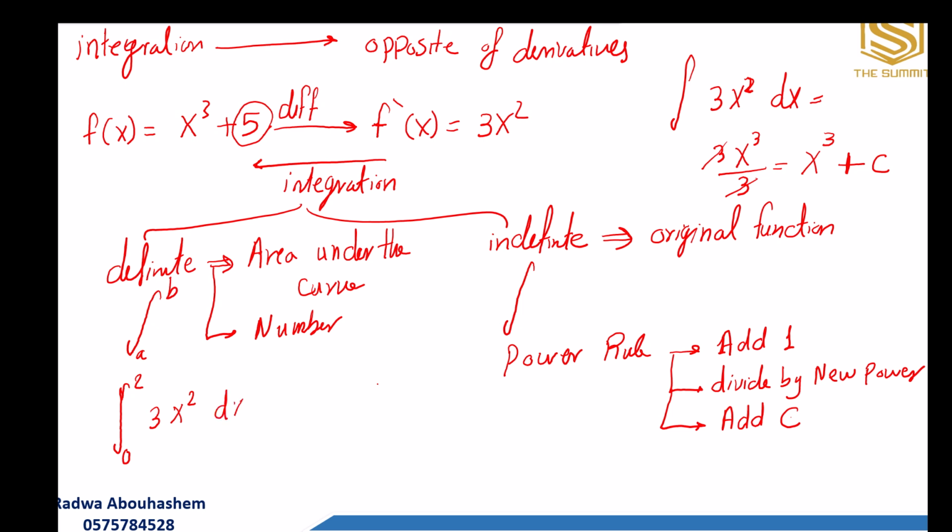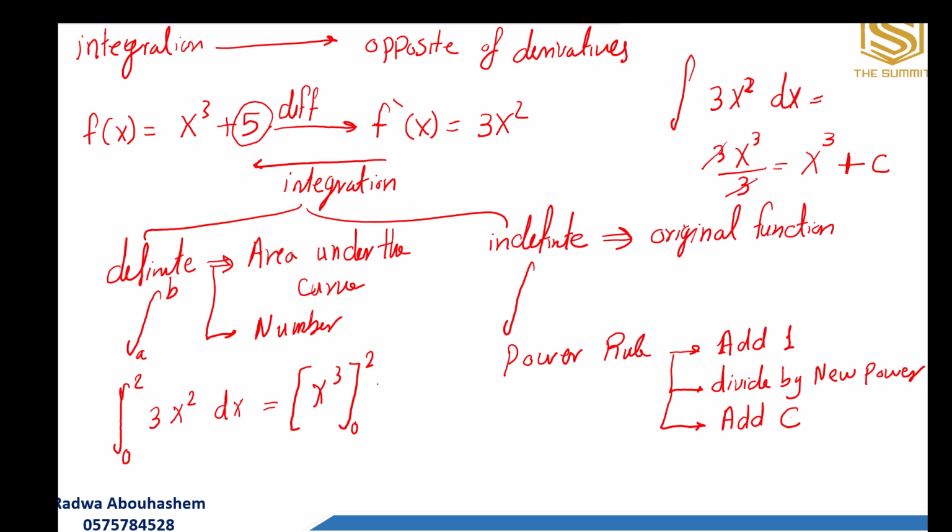The same, I will take the integration. After I take it, it would be like this. X power 3. But I have to substitute the interval, the numbers of the interval, and subtract them.